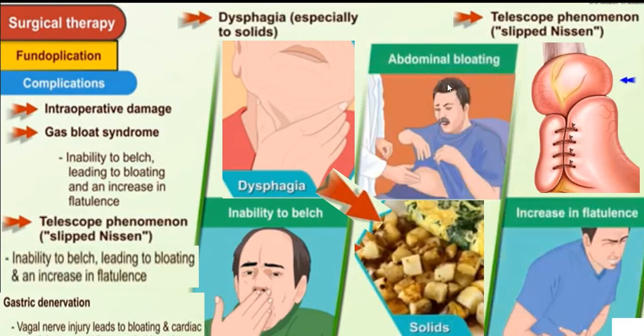Abdominal bloating, and there is something called the telescope phenomenon or slip Nissen. This particular portion of the stomach gets bulged up, then the person will not be able to take solid foods. There will be increased flatulence, inability to belch, etc. These will be the common symptoms secondary to fundoplication.